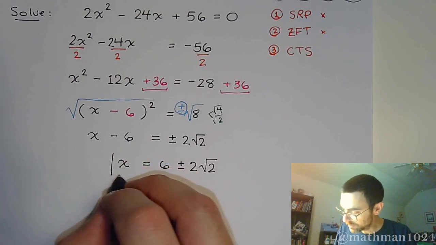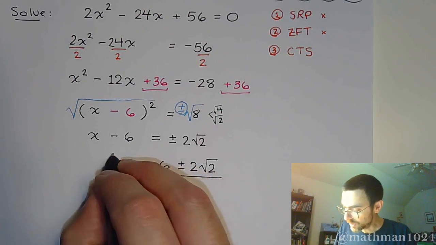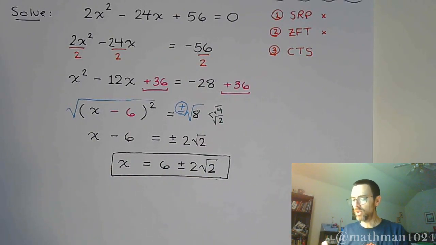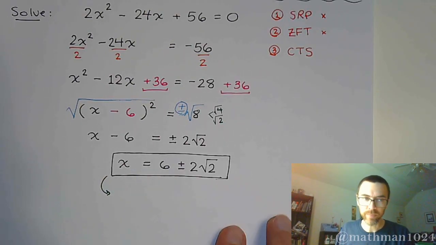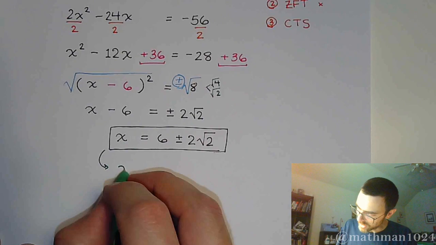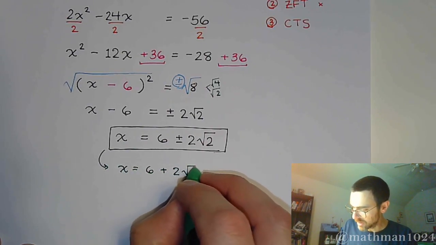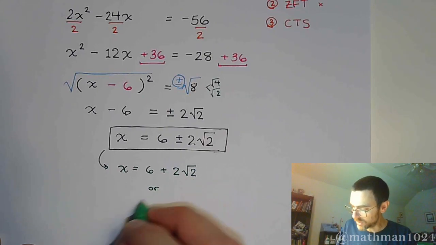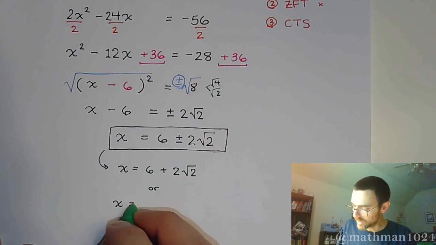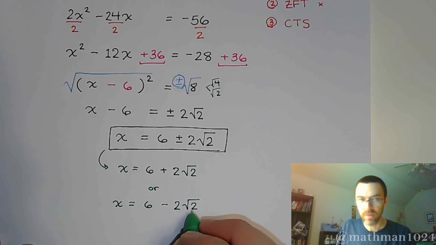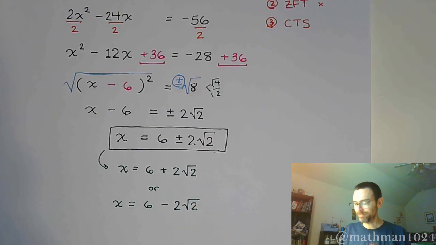And that's it. There's nothing more that we can do here. I believe we talked about this yesterday. You could try to separate this. And if you separate, you could say that x is equal to 6 plus 2 square roots of 2, or x is equal to 6 minus 2 square roots of 2.